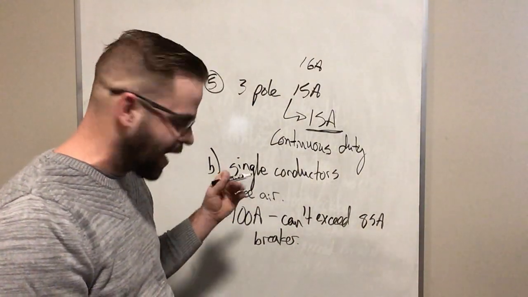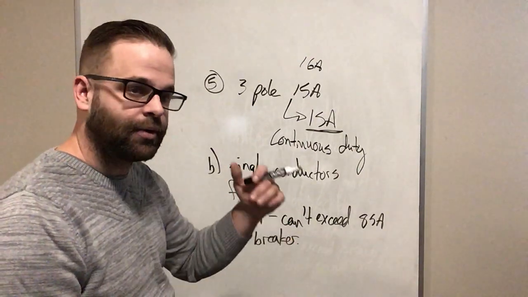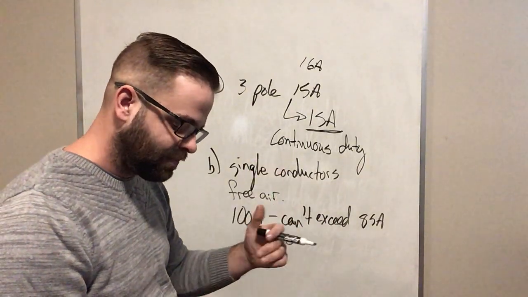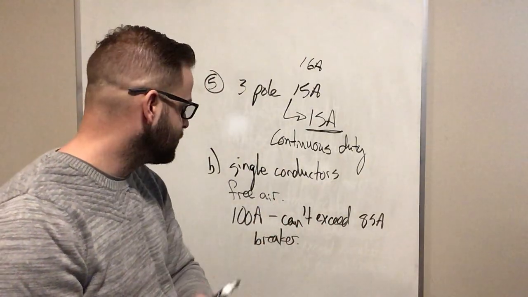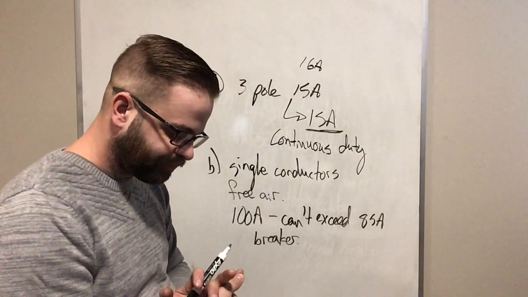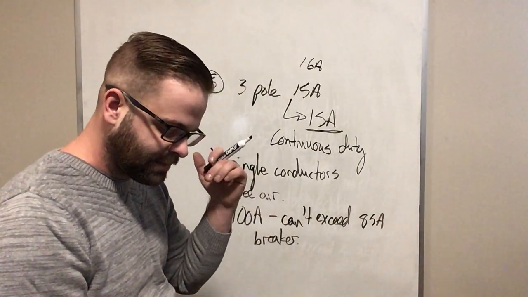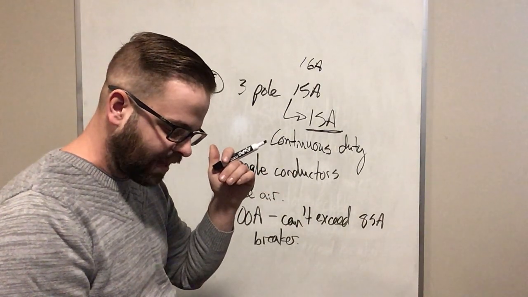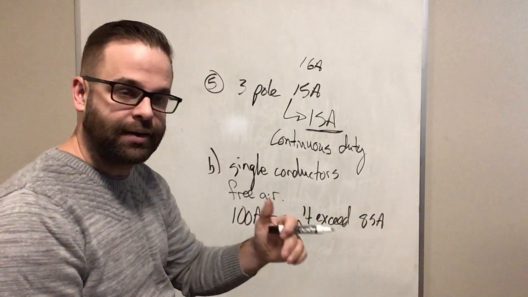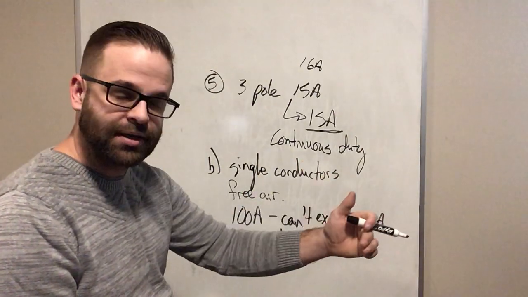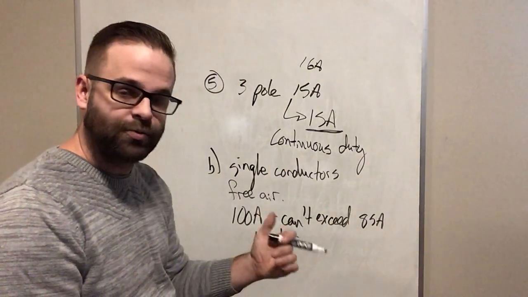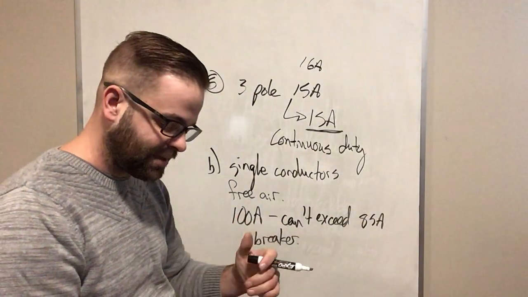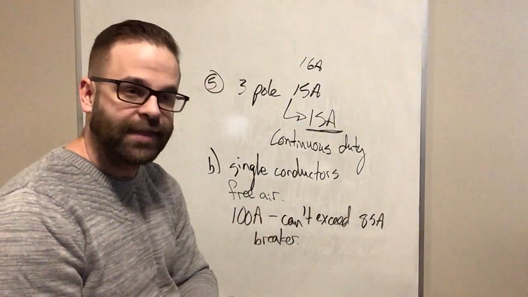So between A and B, A is multi-conductors from tables 2 and 4, and B is single conductors from tables 1 and 3. So that breaker can be at 100% operation and be on a wire that's rated at 100%, but that breaker size can't exceed it when it's tables 2 and 4, and when it's tables 1 and 3, it can be at 100% operation, but it can't exceed 85% of that wire size.